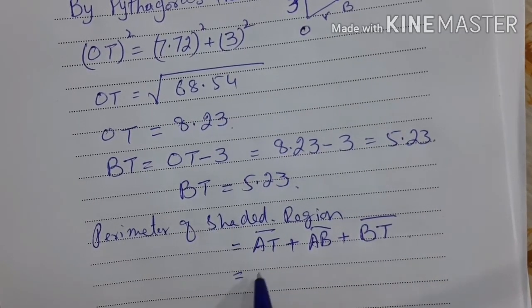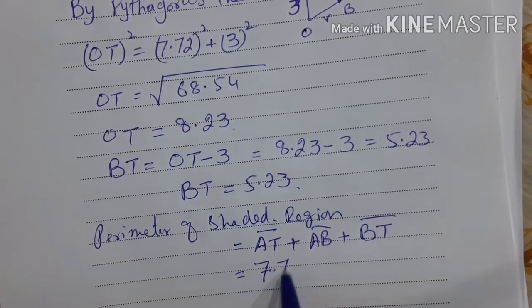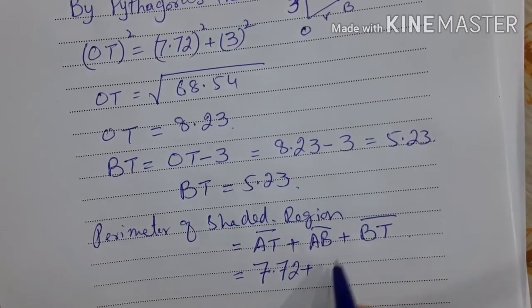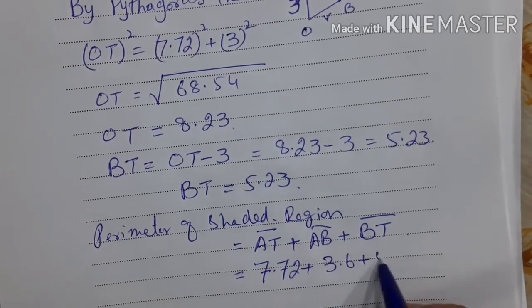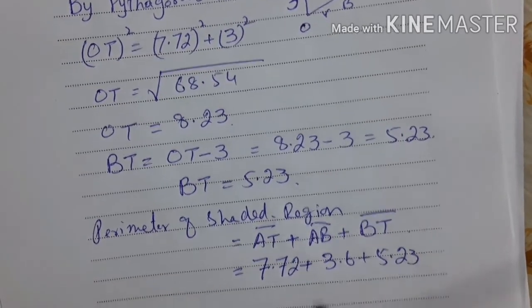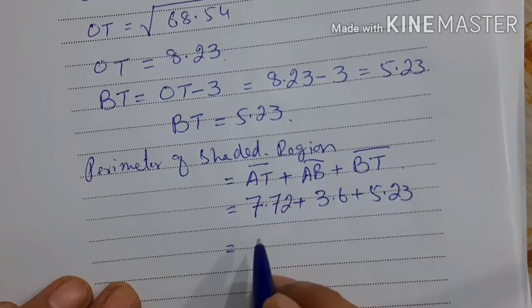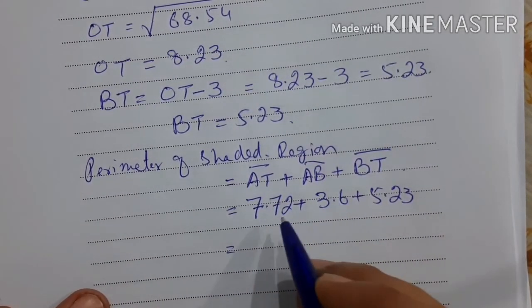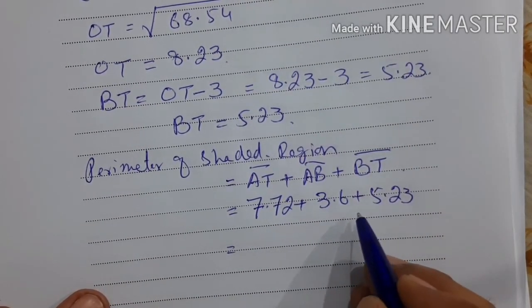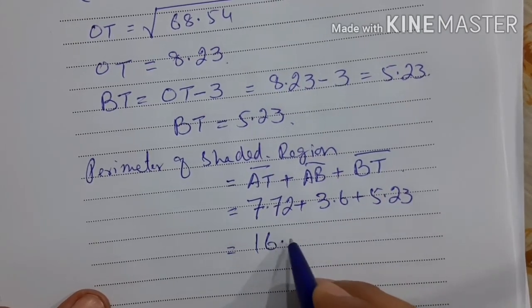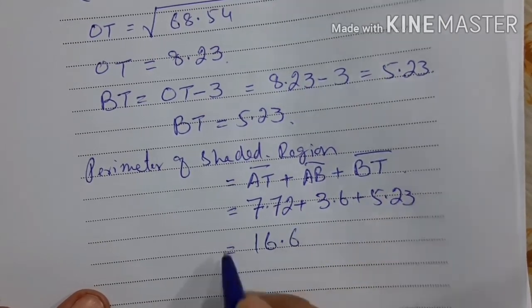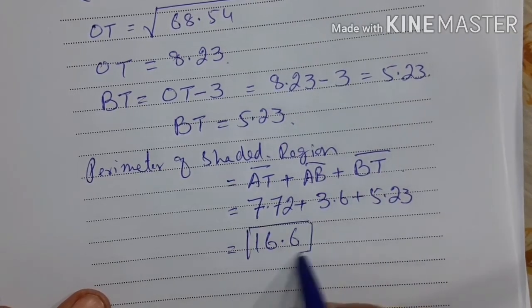So AT is 7.72 plus AB arc is 3.6 plus BT is 5.23. By adding all of them, we get 16.6. This is our perimeter.